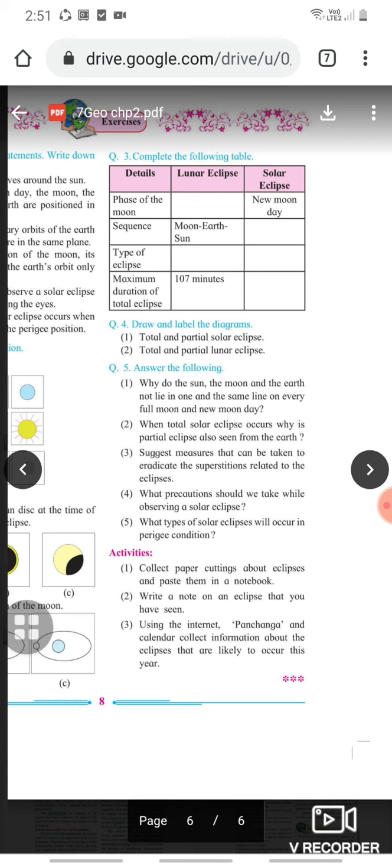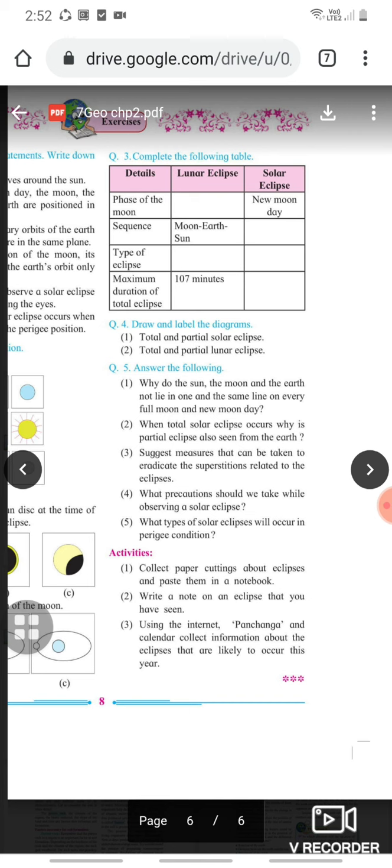First is why do the sun, the moon, and the earth not lie in one and the same line on every full moon and new moon day? Second is when total solar eclipse occurs, why is partial eclipse also seen from the earth? Here are questions for you which are interesting.